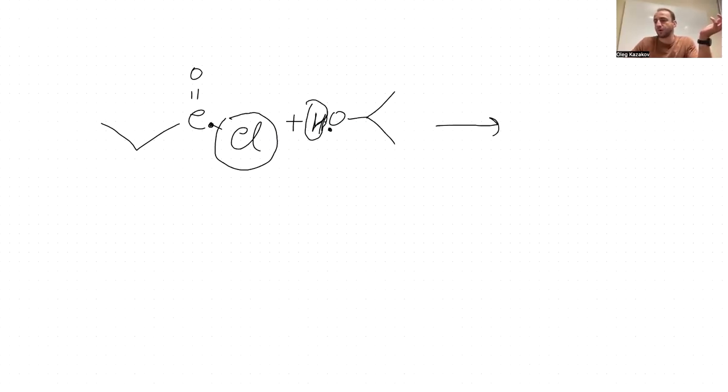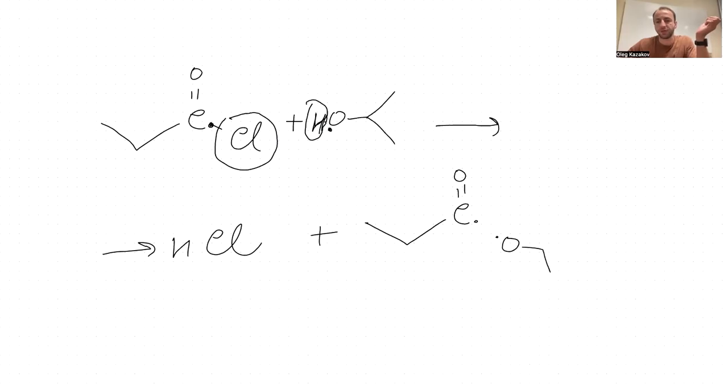So you are going to make your HCl, and you are also going to make another compound, which is the ester, our most coveted compound. Here, the electron on the oxygen from the isopropanol, CH, CH3, CH3, and then you form that.